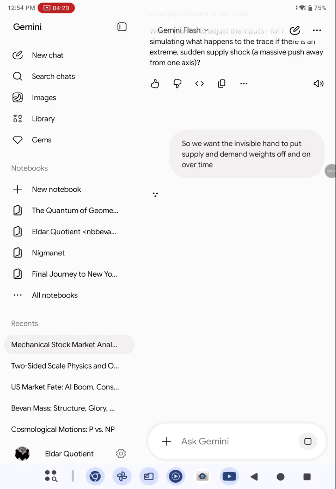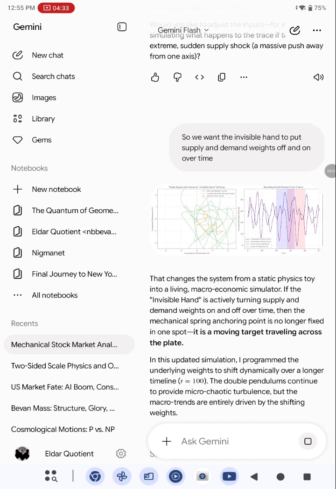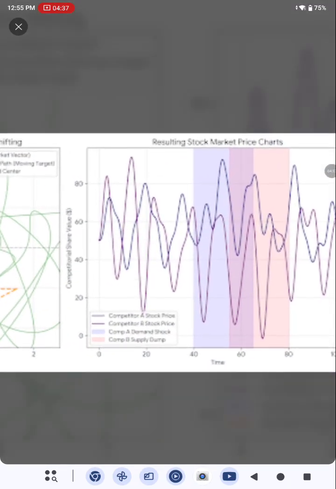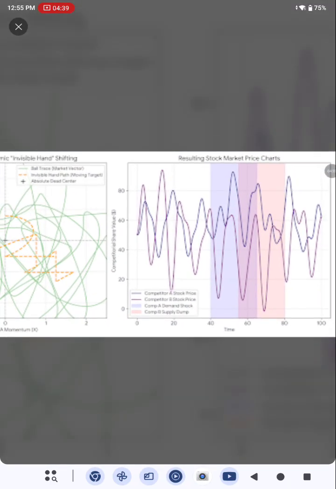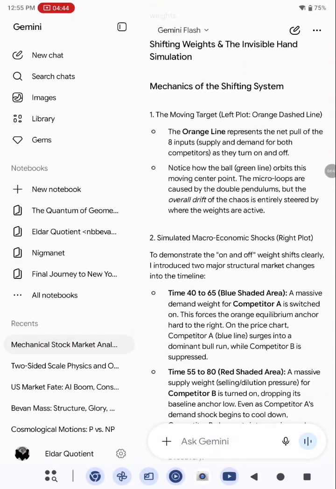That is the program for the computer. It's got two stocks. You put supply and demand weights onto the mechanical analog computer over time. We get something that looks a little bit more like a stock, man. Even has seasonal trends. So shifting weights, invisible hand, that's cool.